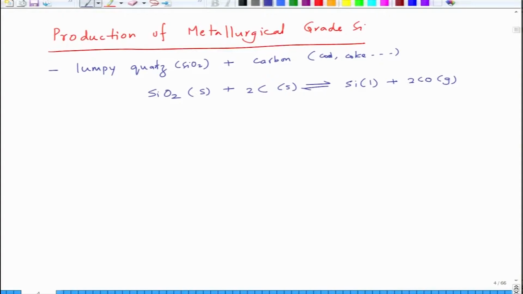This is a very energy intensive process because the free energy of formation of silicon oxide is extremely negative. So, thermodynamically this reaction is very energy intensive, and it goes at very high temperatures. First you have to go to between about 1900 to 2000 degrees centigrade.